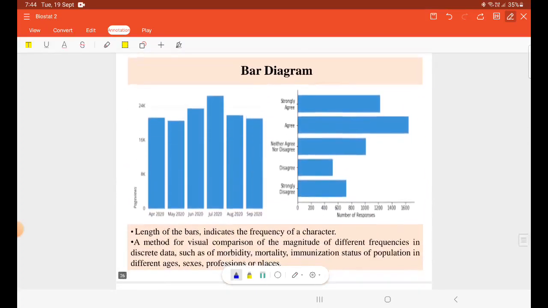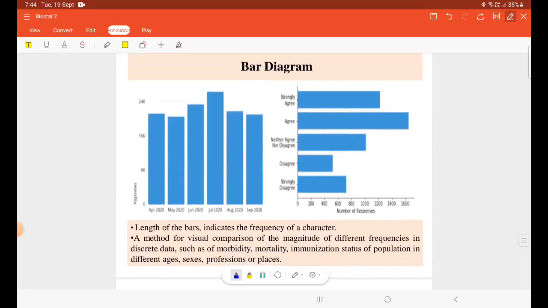Coming to bar diagram. So bar diagram is nothing but individual observations. Instead of putting in a graph for individual observation, the values are shown as bars.